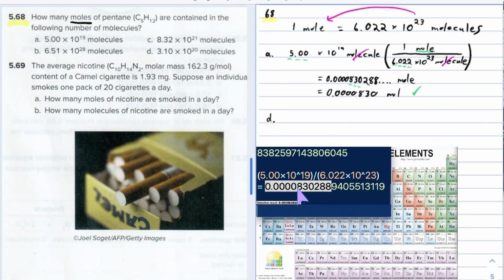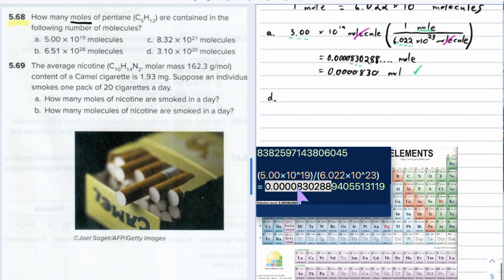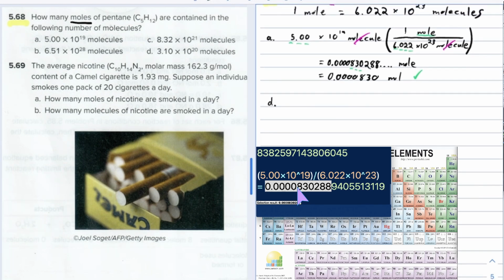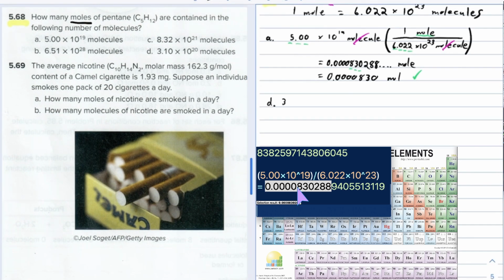So for part D, let's see, what are we dealing with here? Okay, we got a little bit more molecules this time, 10 to the 20th. So we should end up with a little bit more moles. So 3.10 times 10 to the 20th molecules.